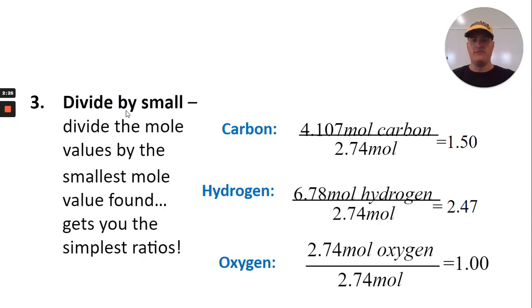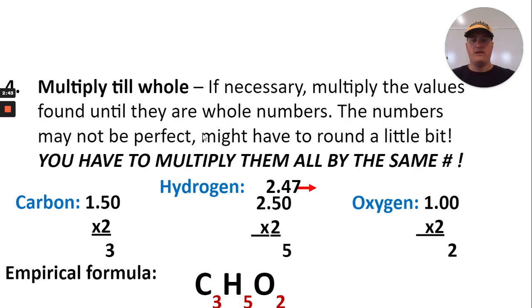So that's the percent to mass, mass to mole. What comes next? Divide by small. So you take the smallest amount to give a 1-to-1 ratio to one of the elements. You can see I have a 1 for oxygen, about 2.5 for hydrogen, and 1.5 for carbon. This will give you the simplest ratio. Then you want to multiply till whole.